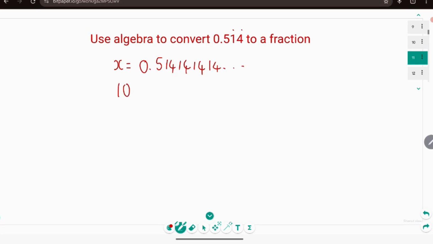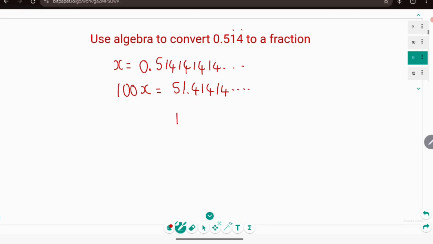If I times it by 100, the digits move 2 places to the left, so 51.414141. Just make sure you do that bit correctly. If I move these numbers 2 places, the decimal point will be there, this point here, so it'd be 51.414141.